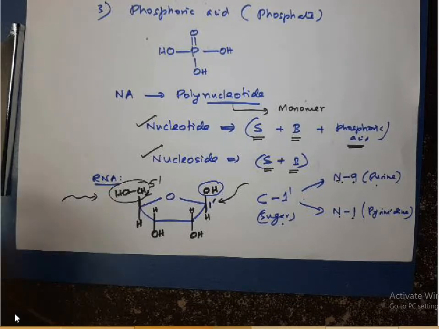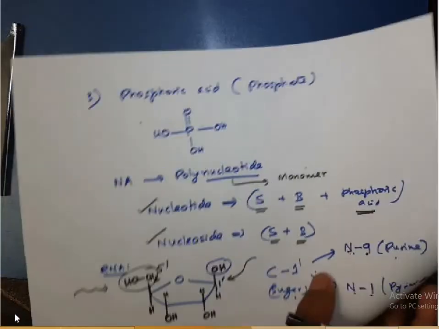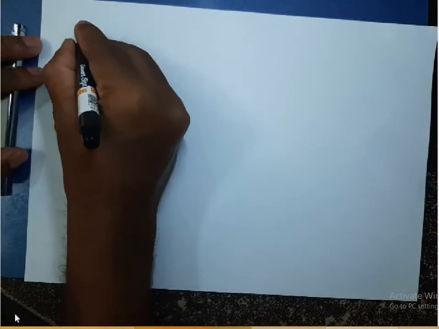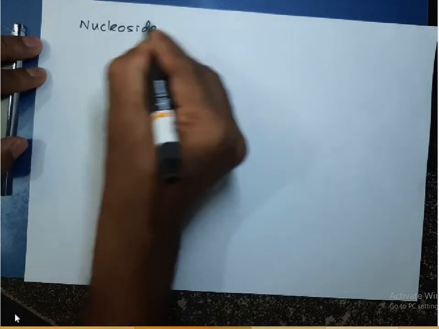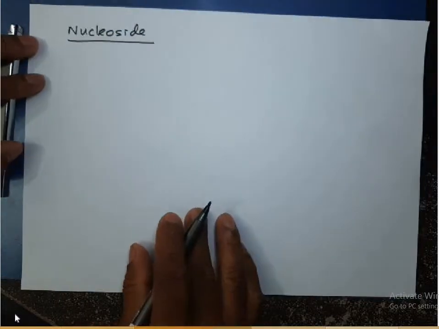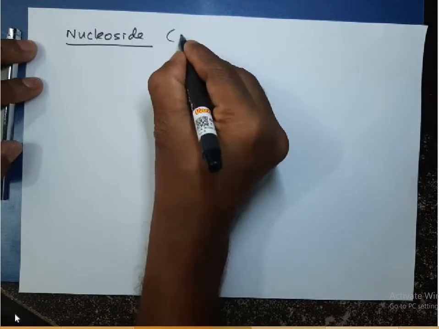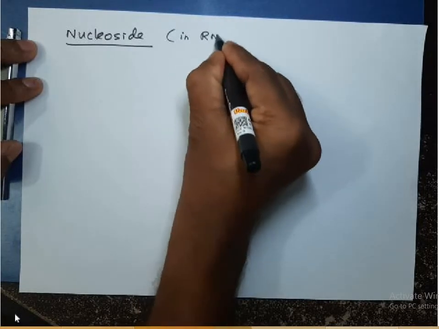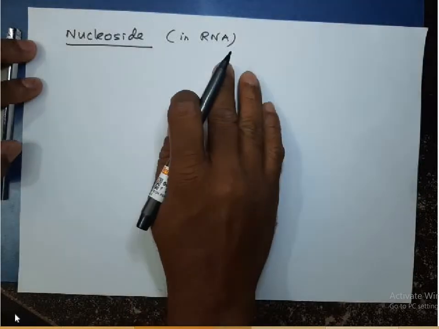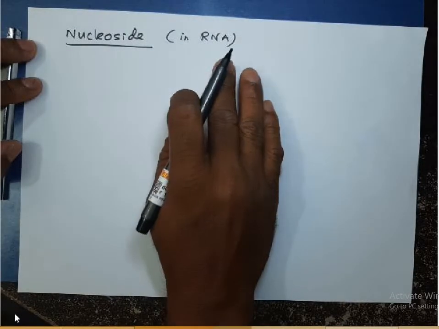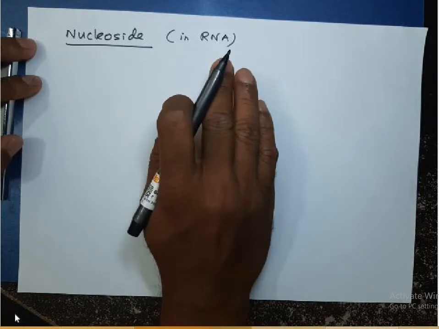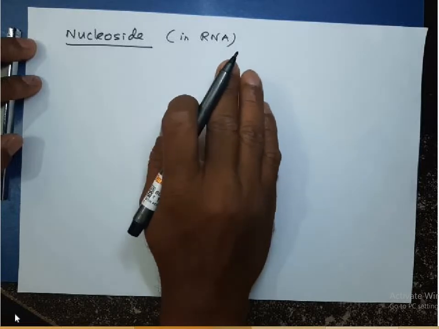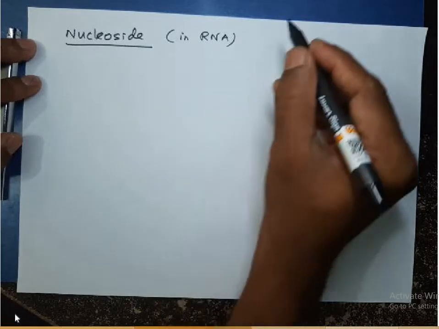Listen. Let me just draw one nucleoside and one nucleotide. First I'll take a nucleoside. Students, observe carefully. Nucleoside. Let us take a nucleoside in RNA. If I say RNA, the point that immediately comes to your mind is the sugar present in RNA is ribose sugar. And what are the bases present?